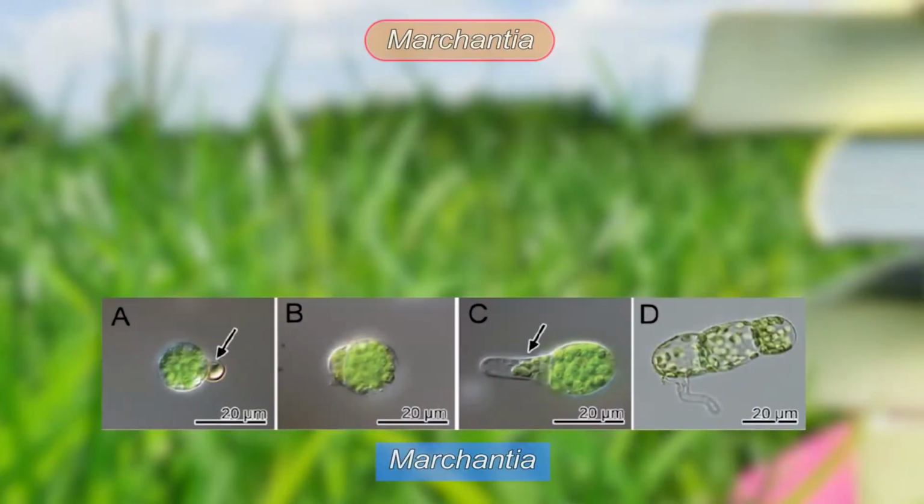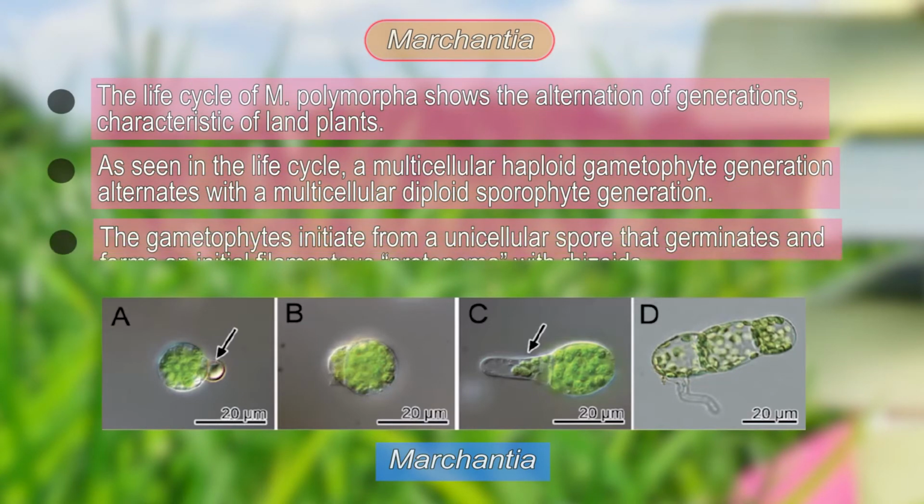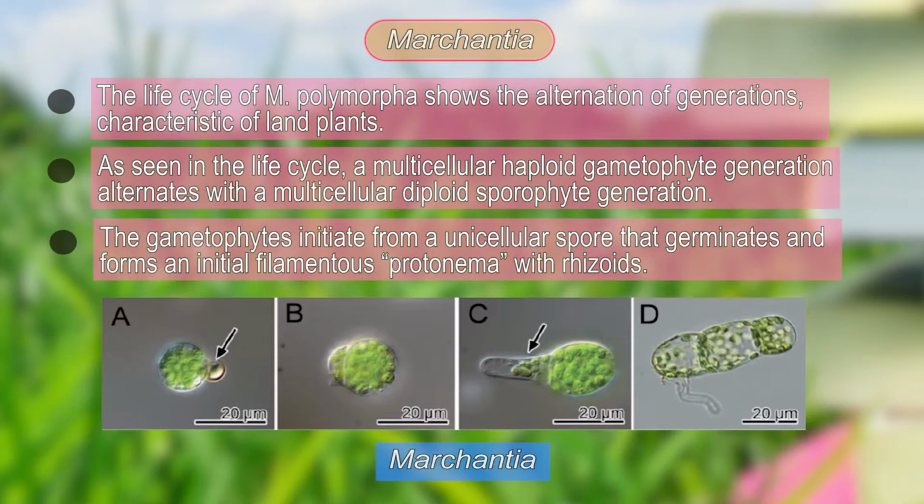Let's move forward towards the structure or the morphology of Marchantia. Marchantia, basically like the other bryophytes, has got a very simple gametophytic structure. It starts the life cycle with a simple gametophyte structure that is in the form of a thallus.